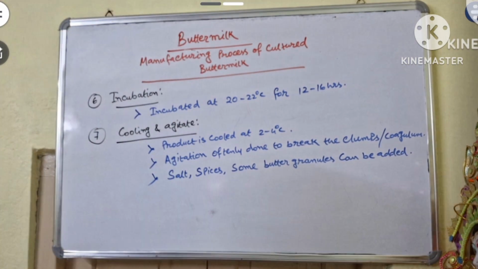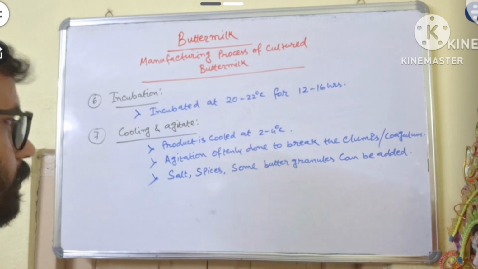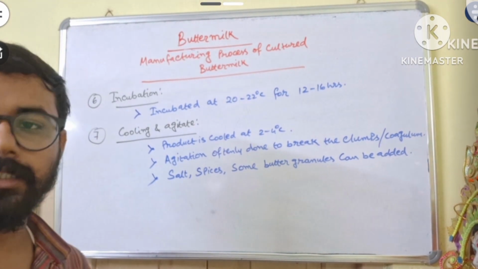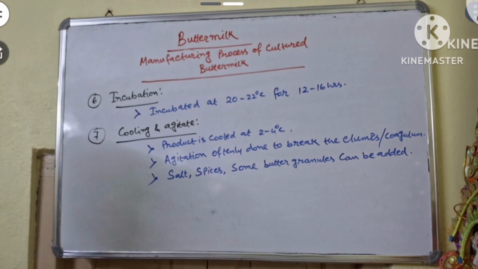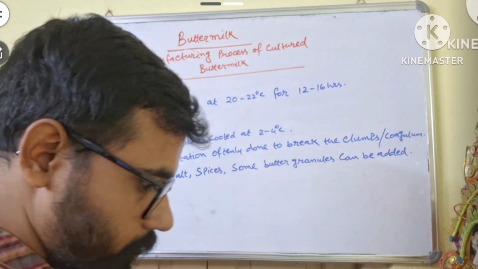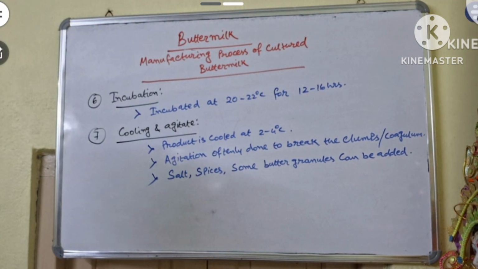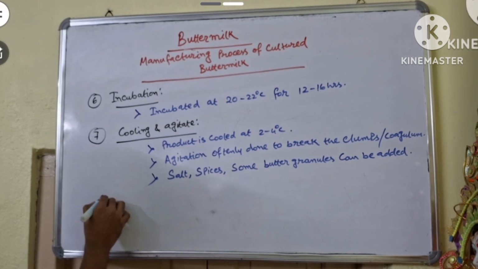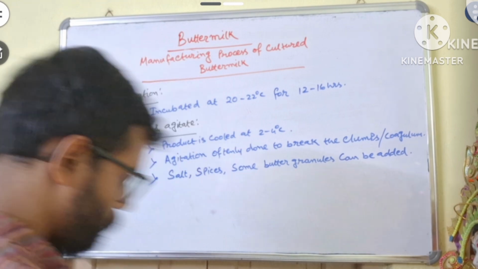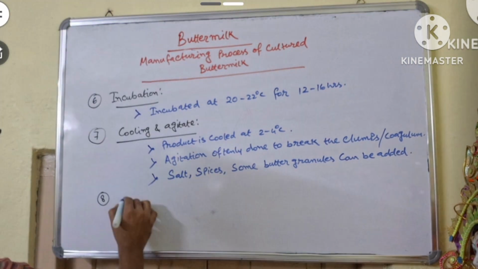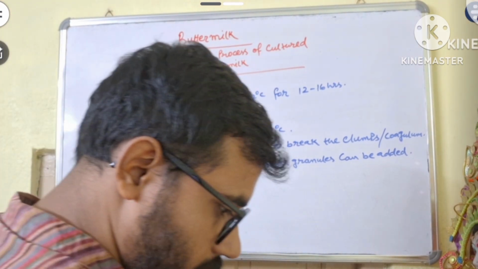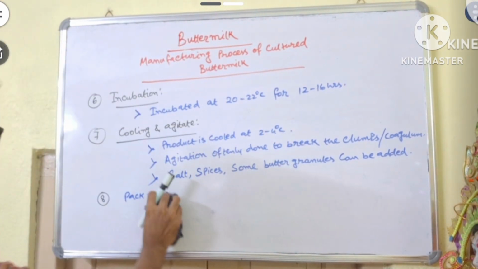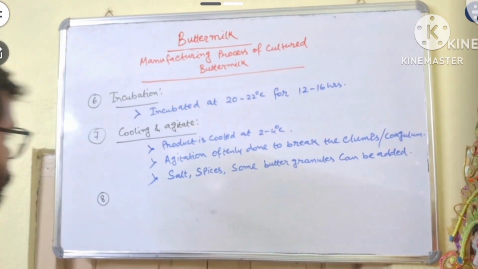It depends on the geographical area, because people in India need it more spicy. That's why they use spices, some butter granules, followed by packaging. Manufacturing process done. Buttermilk.